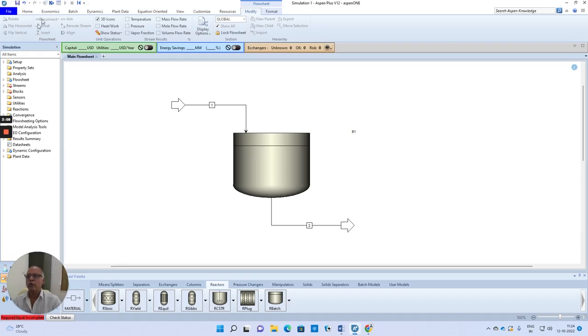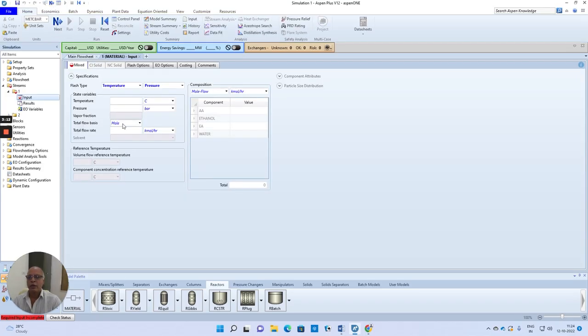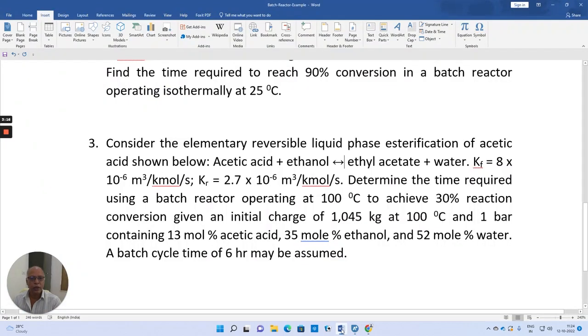Now let us look at what is the next information that may be required. You were given already that this system is entering at 100 degrees centigrade and 1 bar, 1045 kg. So this is the composition: 13 mole percent acetic acid, 35 mole percent ethanol and 52 mole percent water.